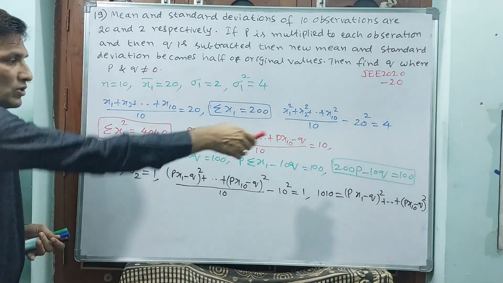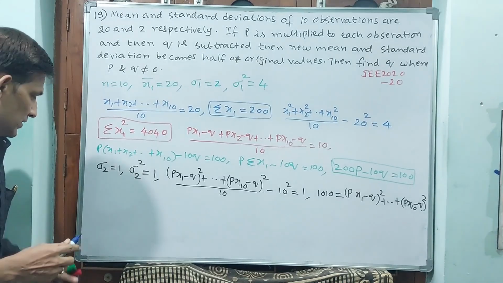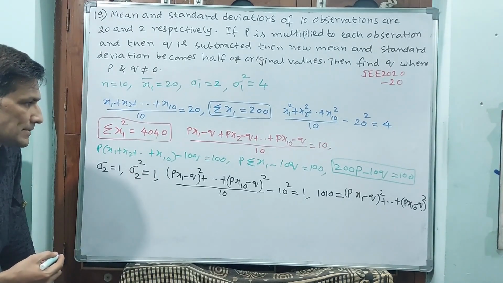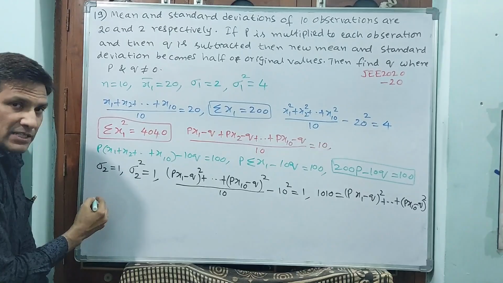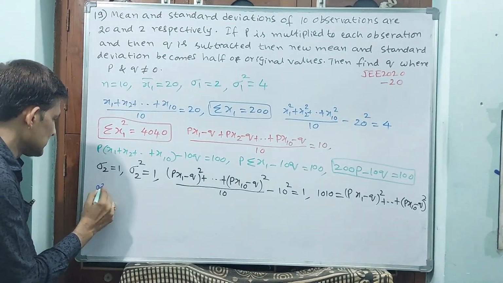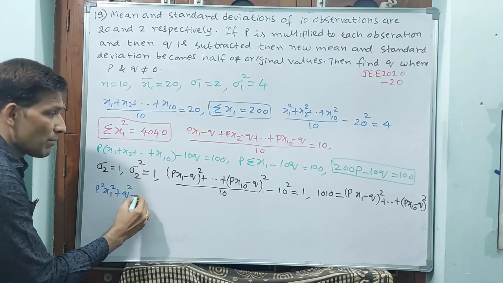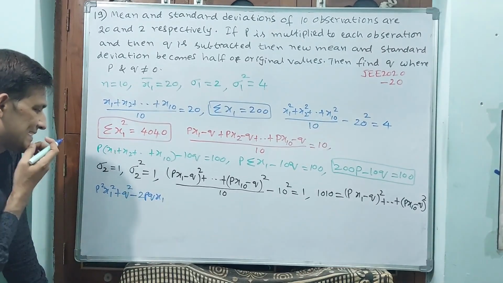Okay. Now see how I am changing that. (a minus b) whole square is a square plus b square minus 2ab, so 2pqx1.